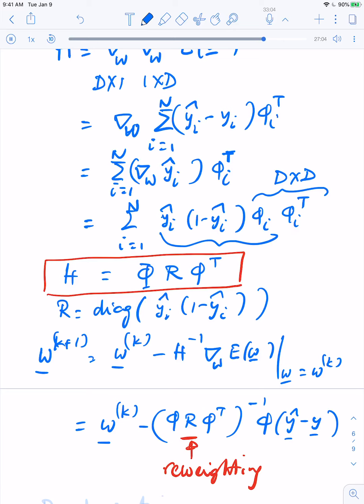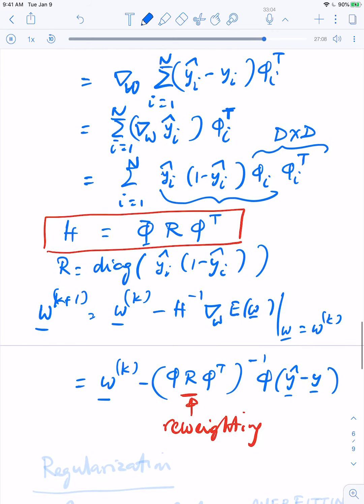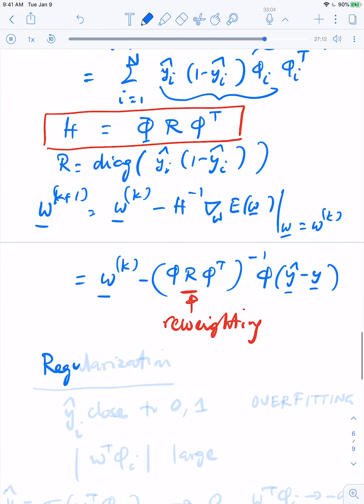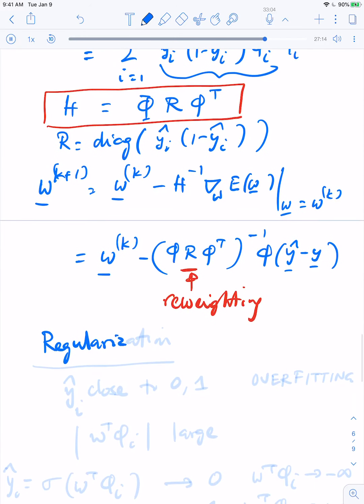The one other thing that is actually super important is the issue of regularization. So let me mention that quickly. Basically, if I don't regularize, I could be trying to get really good results for the training data points.